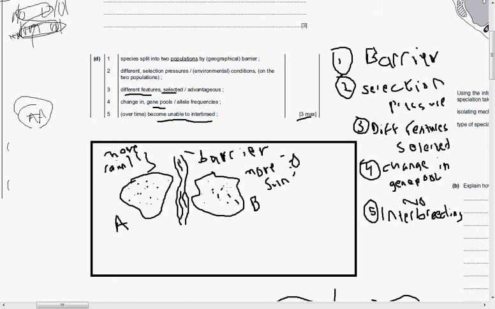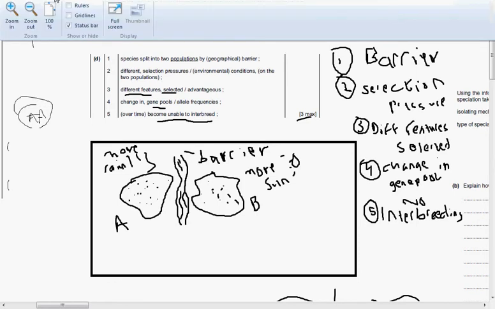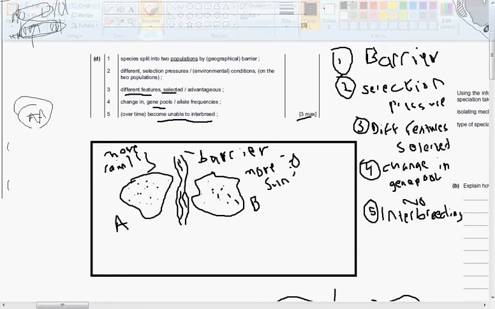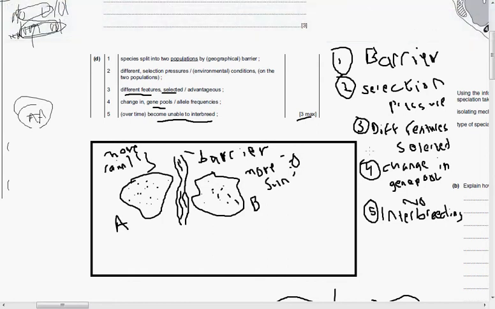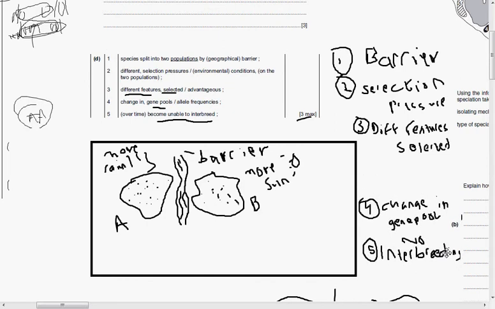Okay, how does this change in gene pool occur? There is one point missing over here, and I'm sorry I didn't realize. Maybe I should include it over here in these points. I should move this down a bit, and maybe I should remove this number 4.